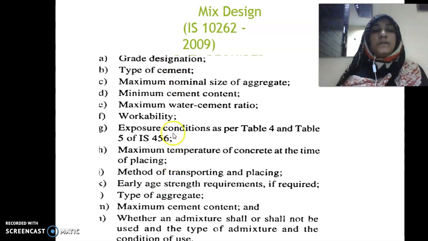These are the parameters required for designing the concrete mix.